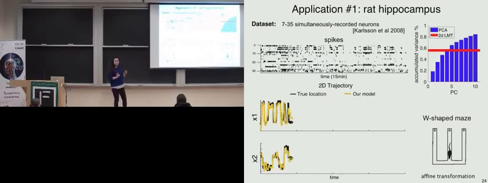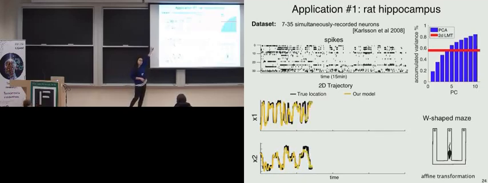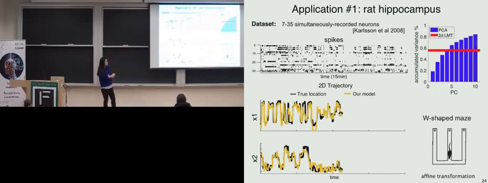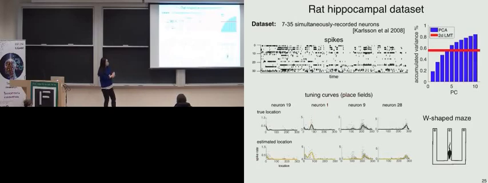But just to remember, we don't have this trajectory information when we fit the model. We only know the spikes. So that's the nice interpretation of the model. Again, we also want to show the tuning curves. The first row is the true tuning curves, the empirical tuning curves, plotted on the real locations.